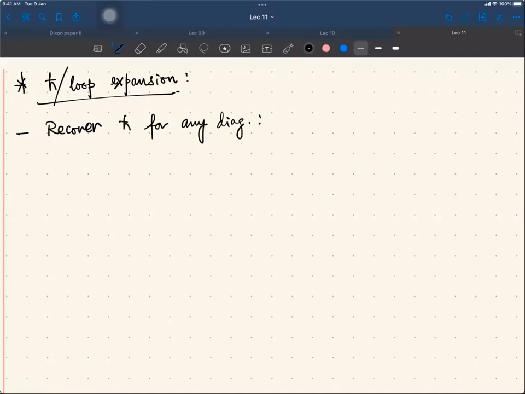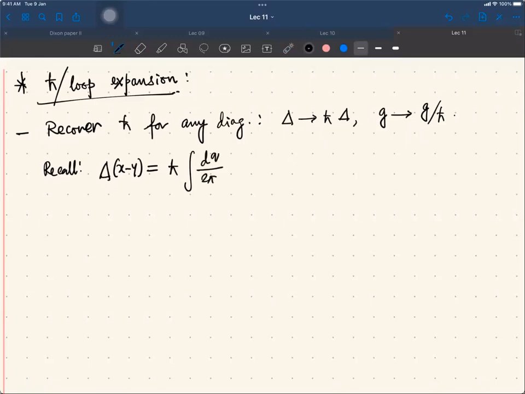The rule is that you replace every propagator delta by h bar times delta, and every g by g over h bar. The reason is simply that the expression for the propagator delta(x minus y) that we got initially was the integral of d^dq over (2π)^d, times e^{iq·(x minus y)} divided by q squared plus m squared, with a factor of 1 over h bar.